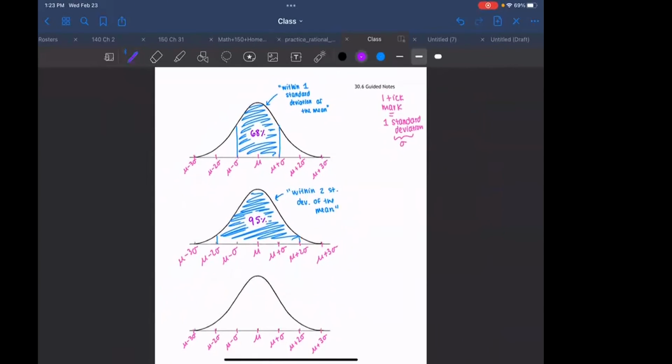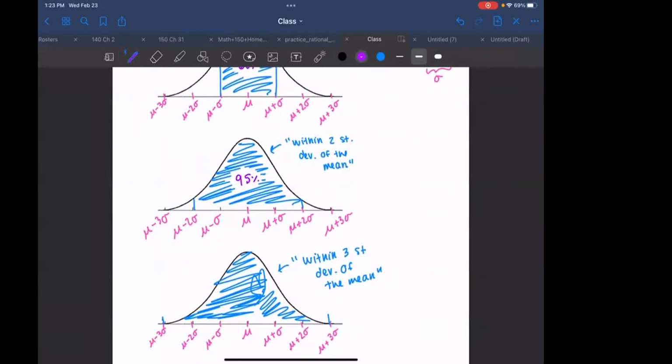And I guess you can guess what I'm shading in over here. I'm shading in 3 standard deviations away from the mean. Okay, so I'll draw it. This is within 3 standard deviations of the mean. My handwriting is getting kind of bad here. Does anyone know the last percentage?